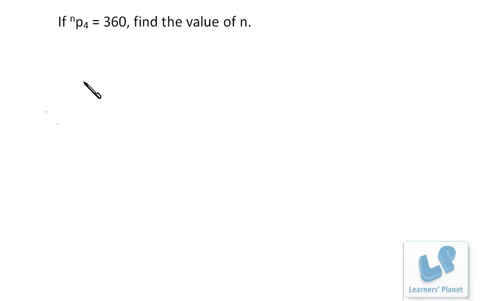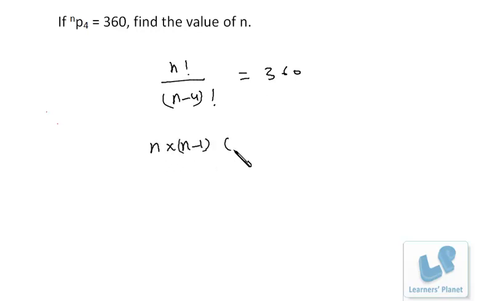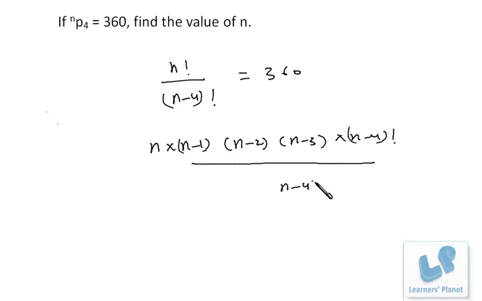Now nPr is n factorial by n minus 4 factorial, given as 360. Now n factorial can be written as n into n minus 1 into n minus 2 into n minus 3 into n minus 4 factorial by n minus 4 factorial is 360.